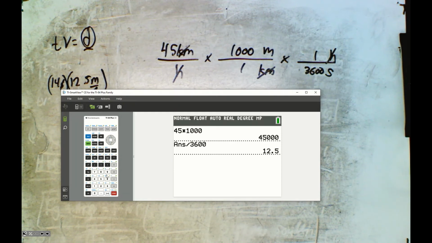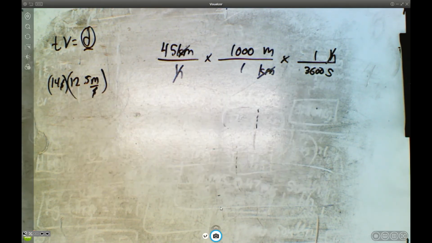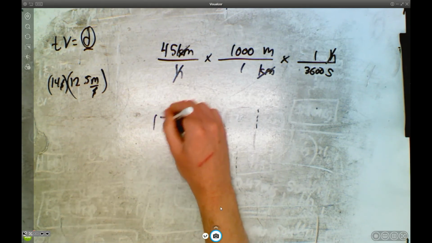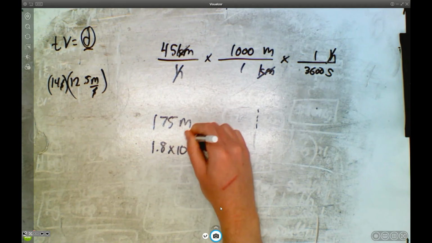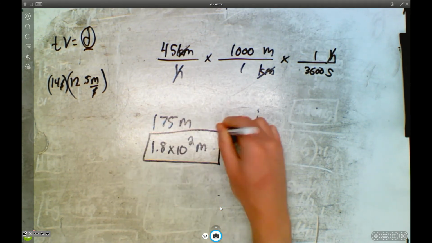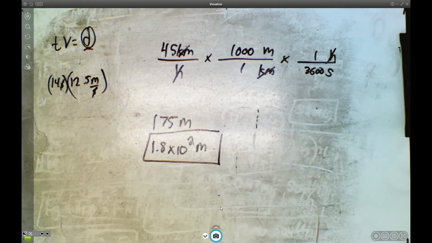If I take my 12.5 and multiply it by 14, I get 175. But in the question, there are only 2 sig digs, so 1.8 times 10 to the 2 meters would be a better answer. And it's asking for a distance, so we don't need any direction in there.